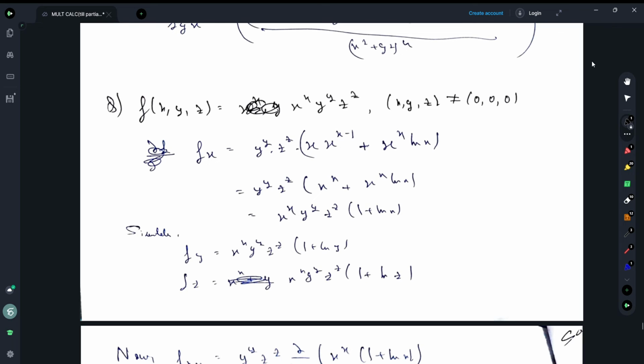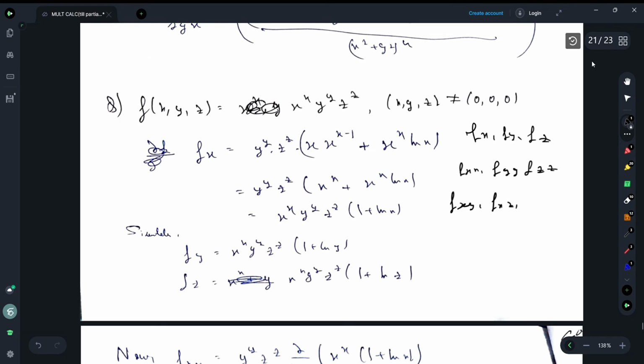So here you are given a function f of x y z equals x to the power x, y to the power y, z to the power z. You need to find the values of fx, fy, fz, fxx, fyy, fzz, fxy, fxz, fyx, fyz, fzx, fzy.